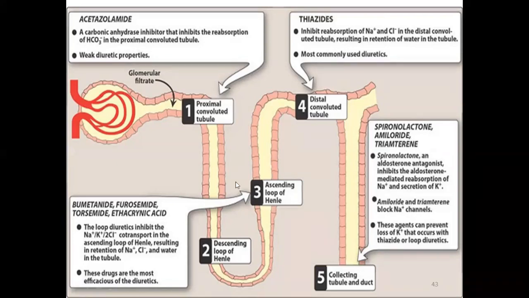That is why loop diuretics are the most effective type of diuretics, and are most commonly used in emergencies, when someone has significant edema and we need to achieve an immediate effect.